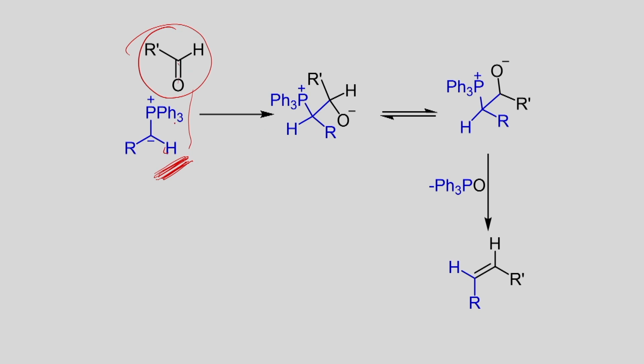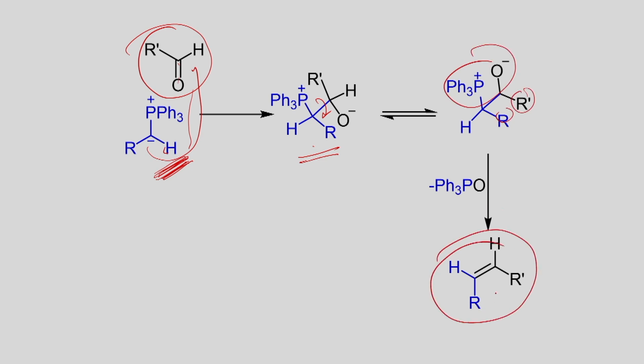Once we have this reaction and you form this betaine, which is not reversible in this case, it is irreversible. So it can now undergo rotation, then you will be able to form this. Once you form this one, this can be removed by elimination. In this way you will be able to form the cis alkene as the product.